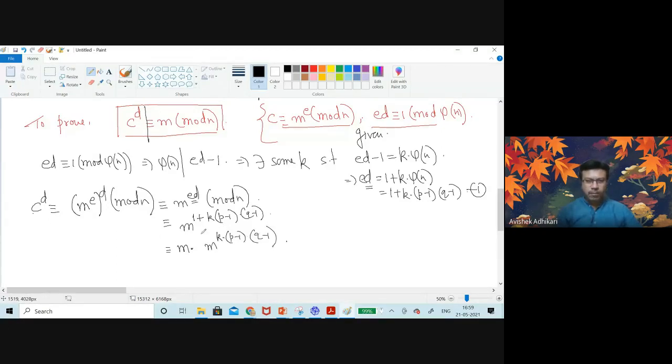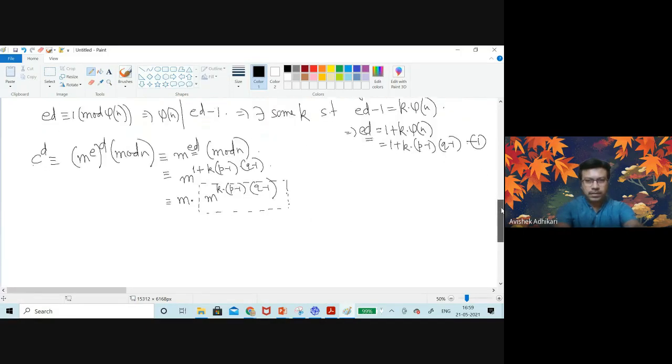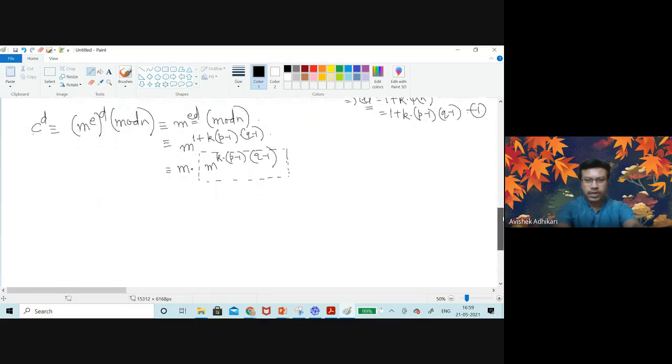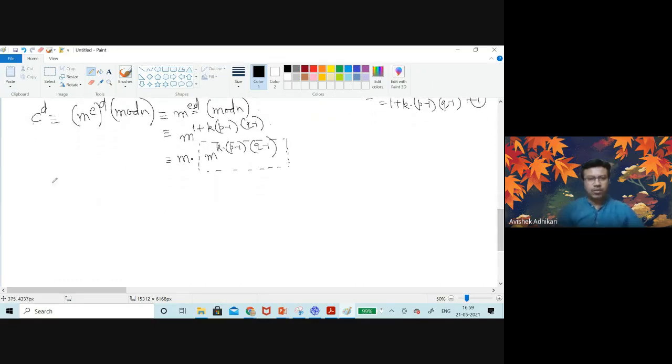If by some means you are able to prove that this value is 1, then you are basically done, and its value is m. Now we will consider 2 different cases, or maybe 4 different cases. So what is the GCD of m and n equal to pq? Can anybody tell me?